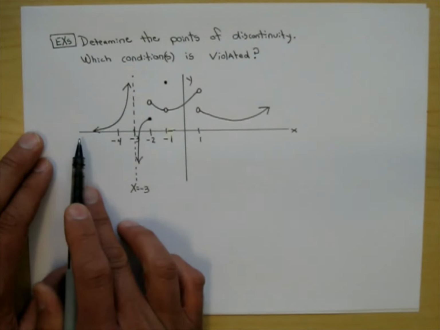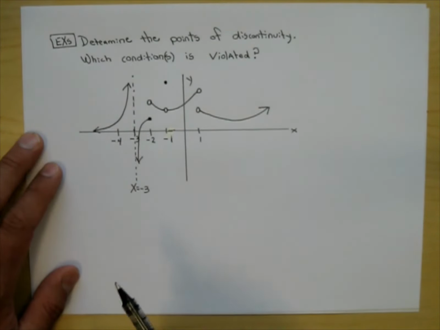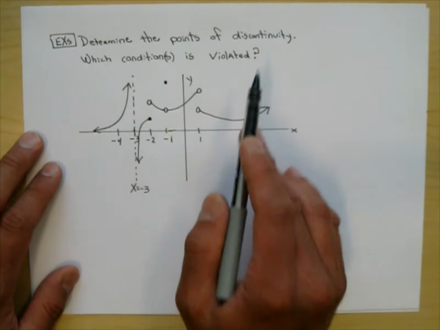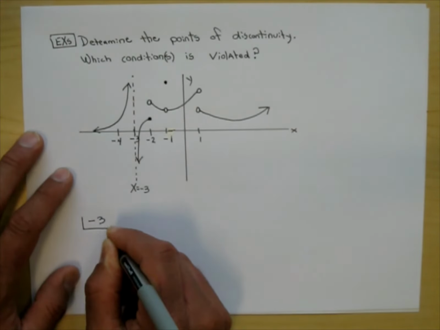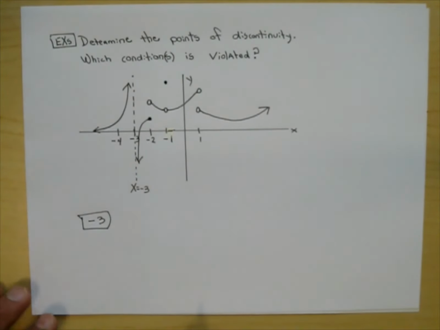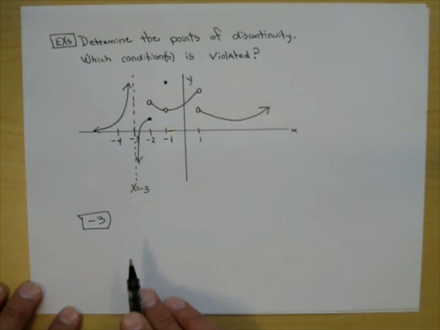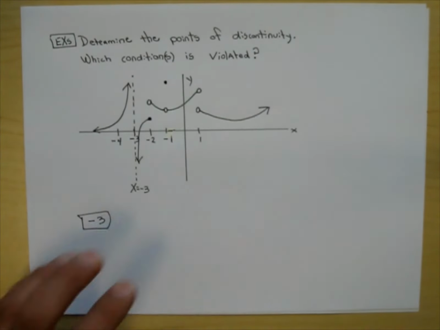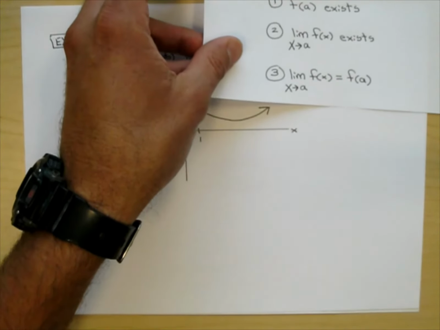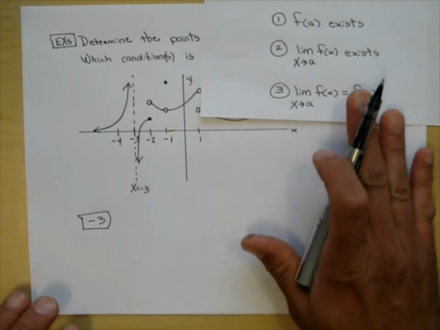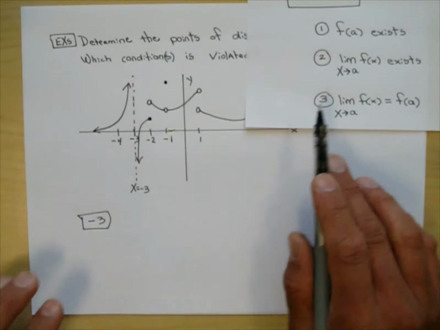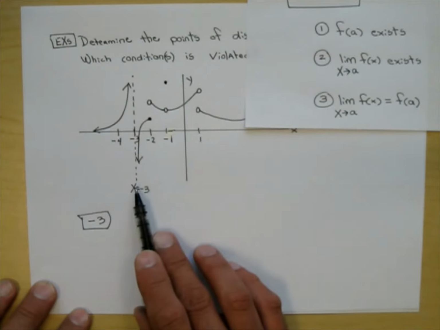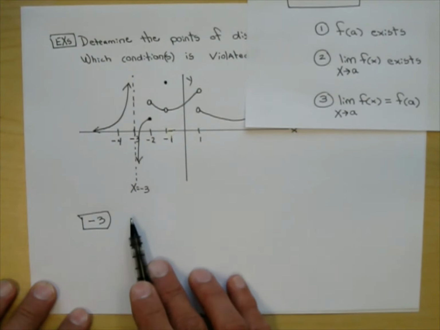The first place as I was running along would be x equals -3. So, determine the points of discontinuity: the first one is -3. I'll put a box around that. Which condition or conditions are violated? Looking back at this again, I'd have to say that f of -3 doesn't even exist.